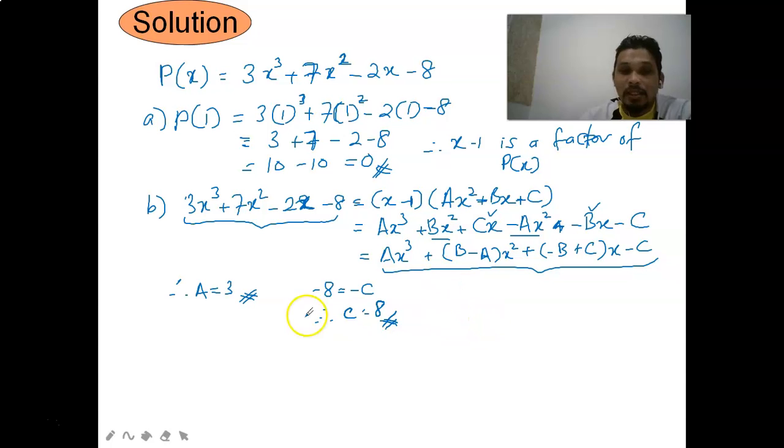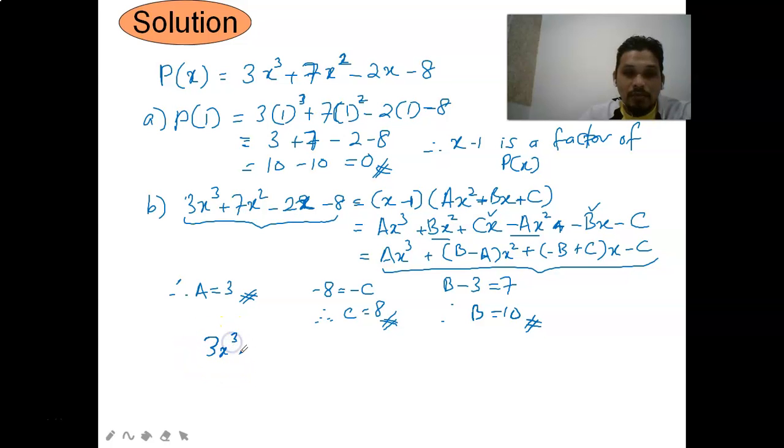Next, okay, look at the coefficient of x squared, compare b minus a, where a equals 3, equal to the coefficient of x squared, which is 7. Then b equals 10. And also, b equals 10, c equals 8, so then negative 10 plus 8 equals negative 2. Clear that.